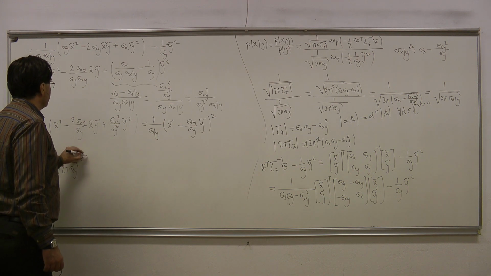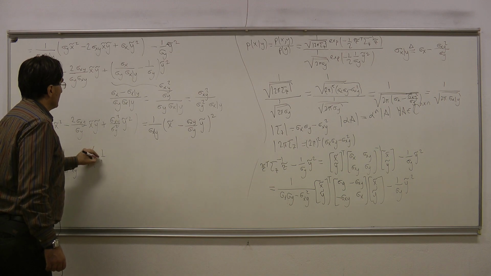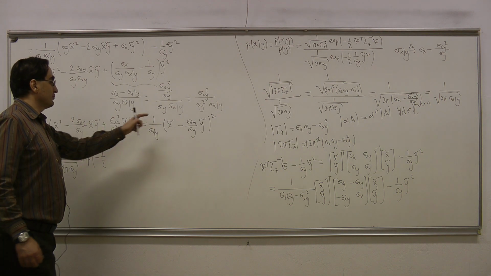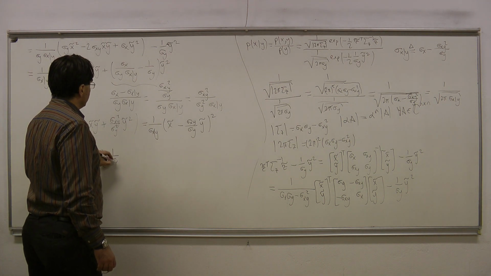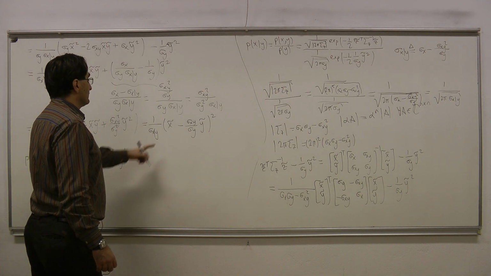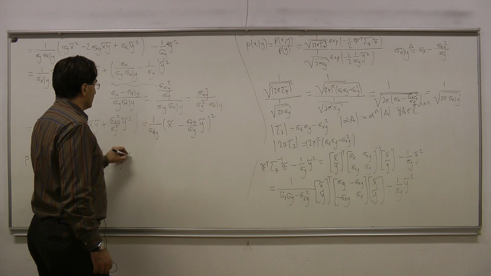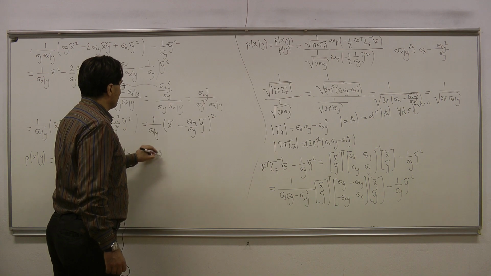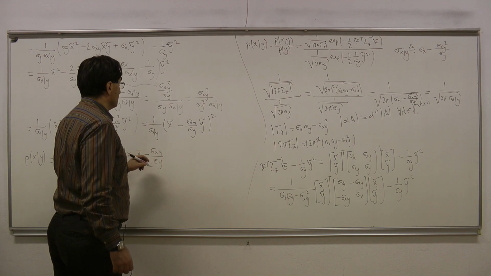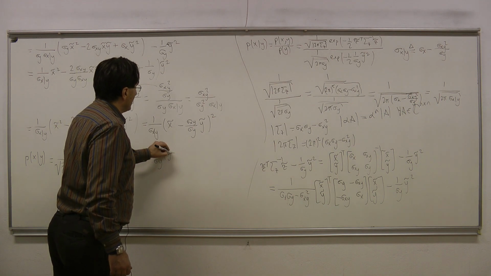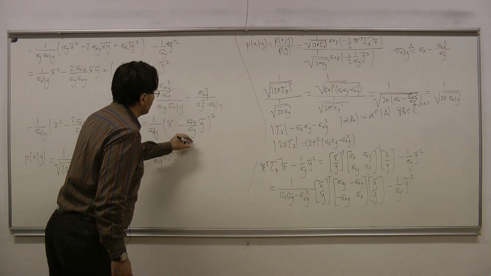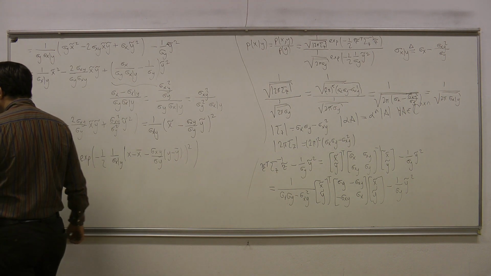And I would have here exponential of minus 1 over 2 parentheses. I would have this term 1 over sigma x given y times, instead of x tilde, I will write x minus x bar minus sigma xy over sigma y times y minus y bar. Okay? And I would have the square of this thing.